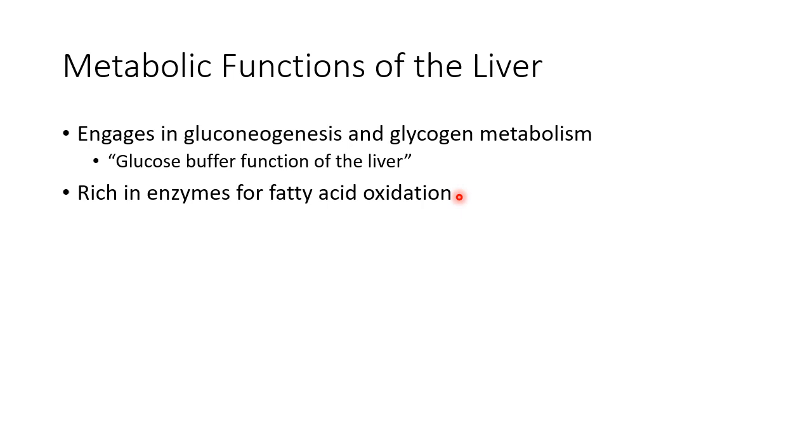The free fatty acids then go into the liver where beta oxidation occurs, and the excess acetyl coenzyme A floods the Krebs cycle. When the Krebs cycle is flooded, the excess acetyl coenzyme A is fused to form ketone bodies.